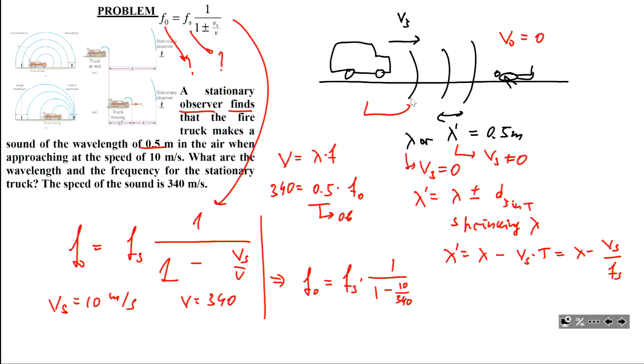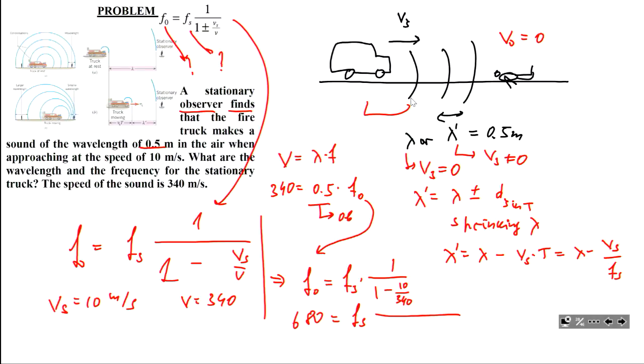And this equation now tells us one missing variable. So 340 over 0.5, that's 340 times 2, 680, should be equal to frequency. And now I want to switch to an easier situation.